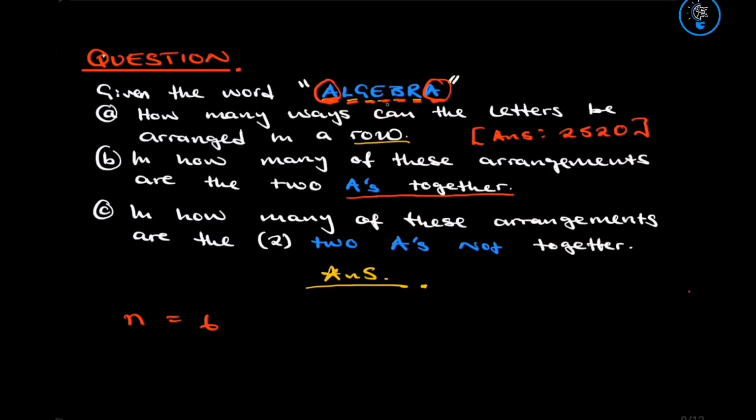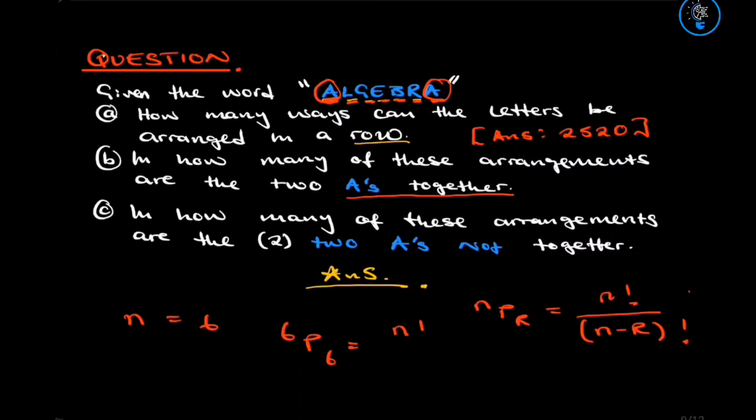Now, do we have any other group of elements in this word? The answer is no. So because of that, we are going to use the usual permutation formula, which is permutation, nPr, equals n factorial divided by n minus r factorial. Since we have no groups, we only have n equals 6, it will be easy. So it will be 6P6. Per every arrangement, we need to have 6.